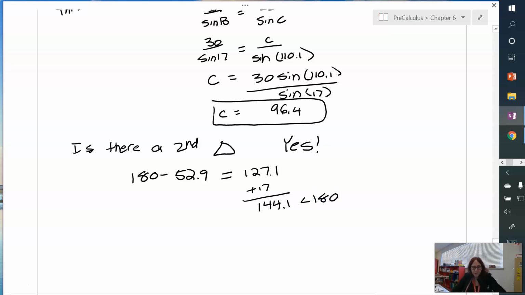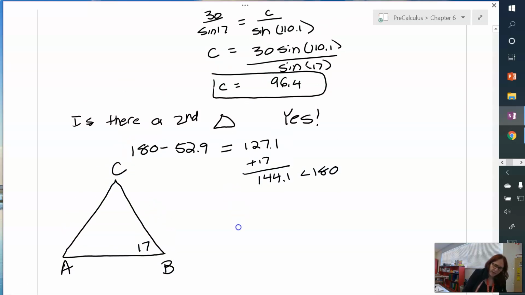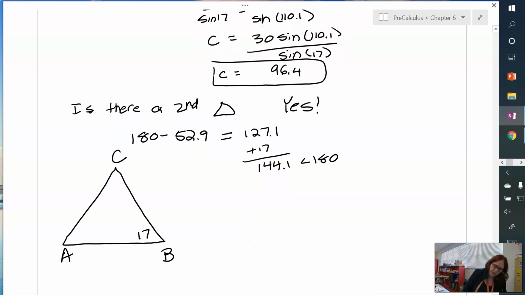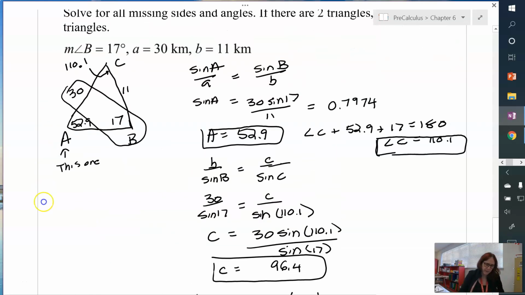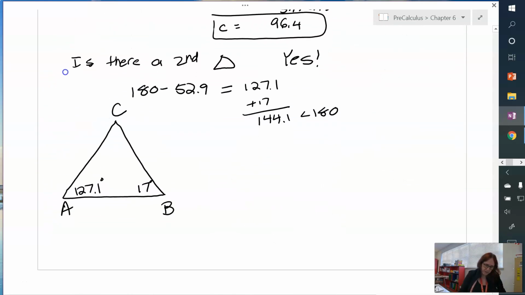Okay, let's figure out that second triangle. This is still 17. Angle A is now 127.1. Little a is still 30 and little b is 11.